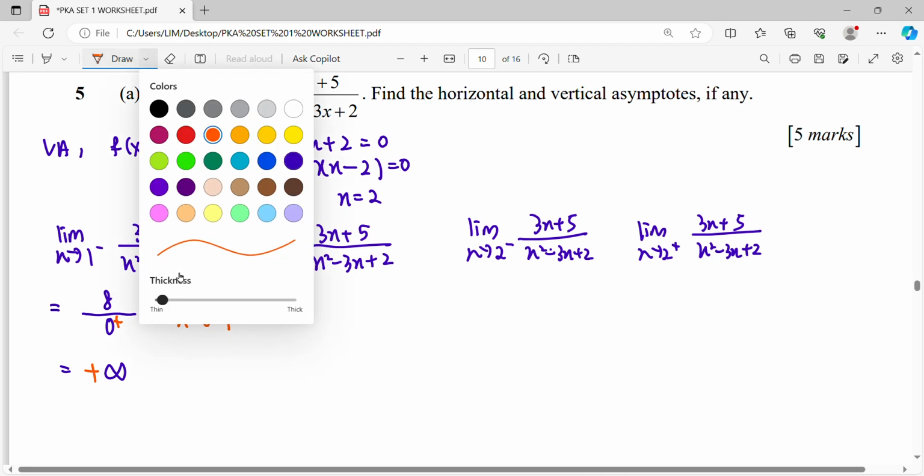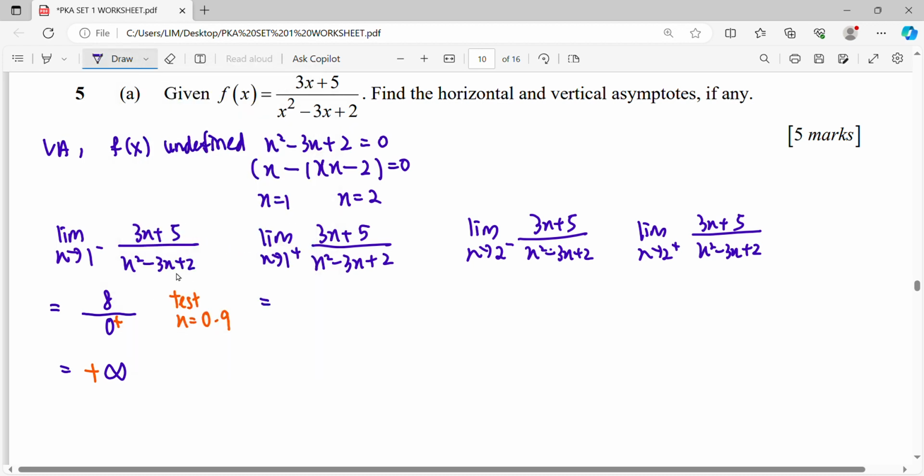Then we continue to evaluate the limit as x approaches 1 from the right hand side. Same procedure, we substitute 1. When we get a number over 0, it is an infinity. So from here we test 1 from the right hand side, with 1.1.